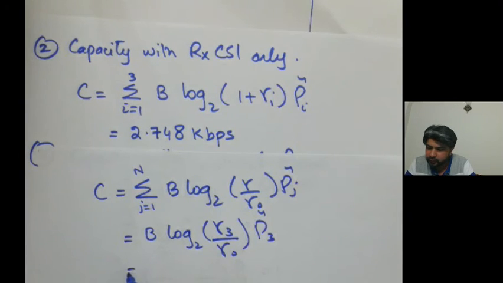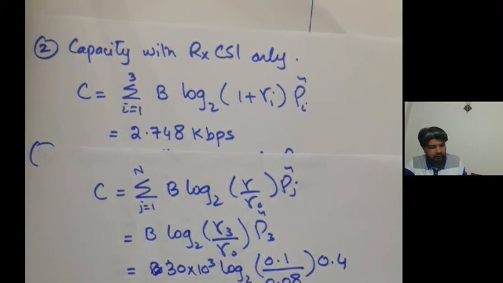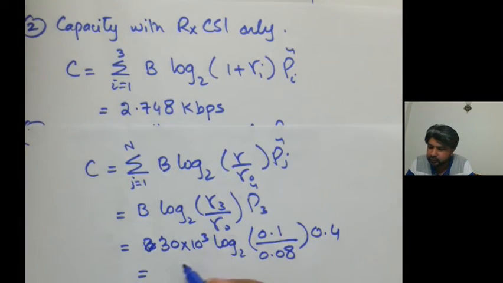And if you plug in the values, that would be 30 kilohertz times log base 2 of gamma 3, which was 0.1, divided by 0.08, times p3 tilde, which was 0.4. And if we compute the capacity under this condition, that turns out to be 3.862 kilobits per second.